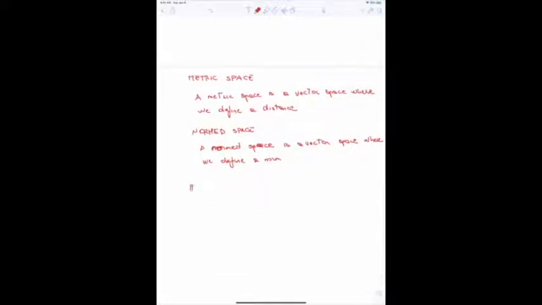Well, for example, Rn or R2 are both metric spaces and norm spaces. A metric space is also a norm space, but the vice versa is not necessarily true.